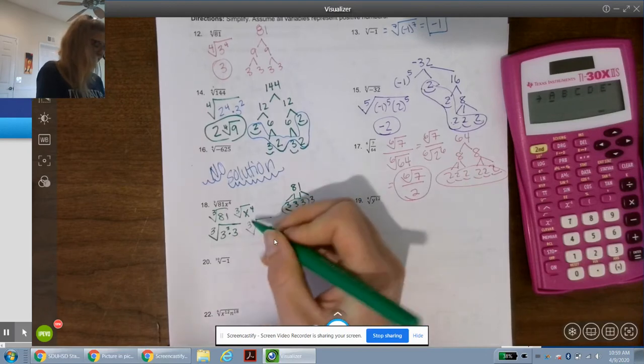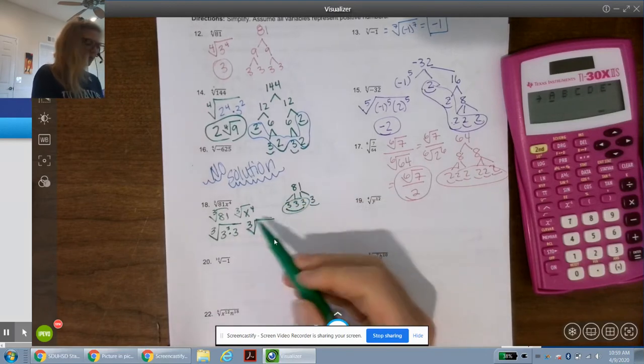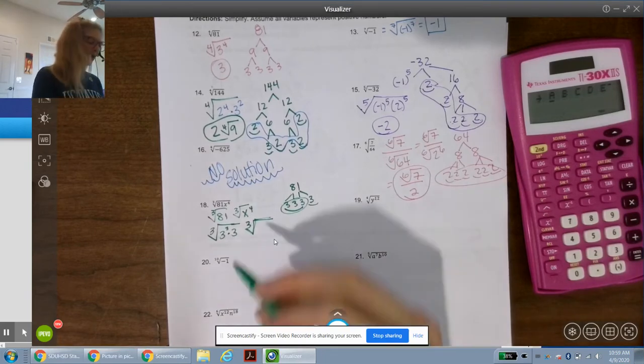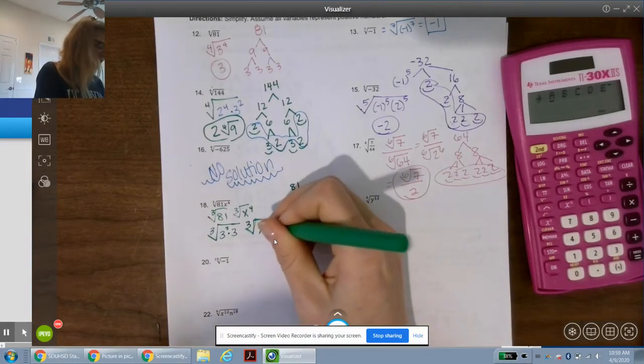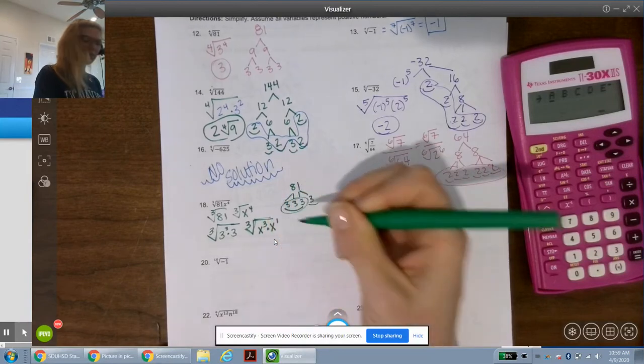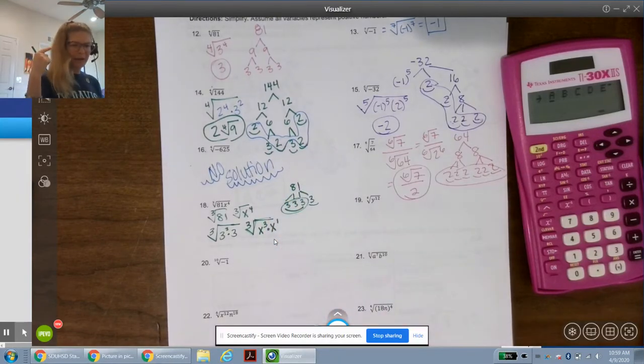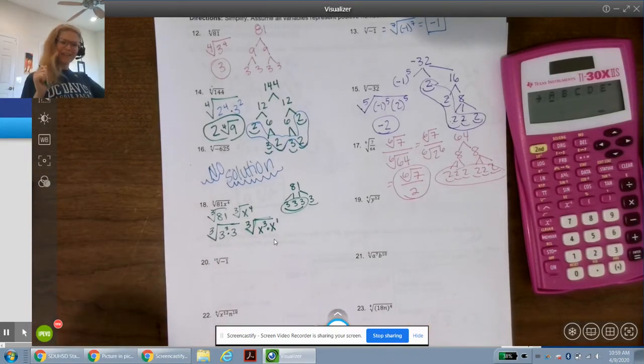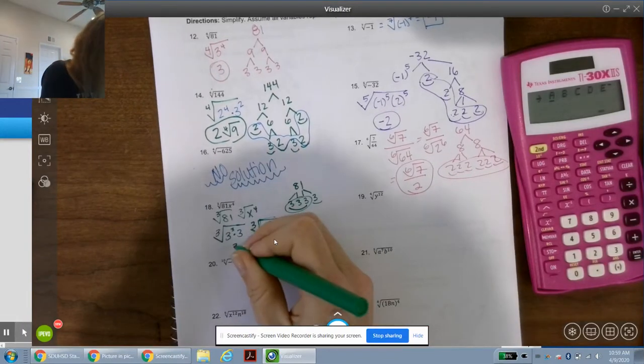Cube root only undoes cubing, but this is x to the 4th. So how should I rewrite x to the 4th? That's right. x to the third times x. And if you want to put x to the first just to help your brain out, do it. No problem there. So then cubing and cube rooting are inverse operations. So I'm going to pull out a 3.